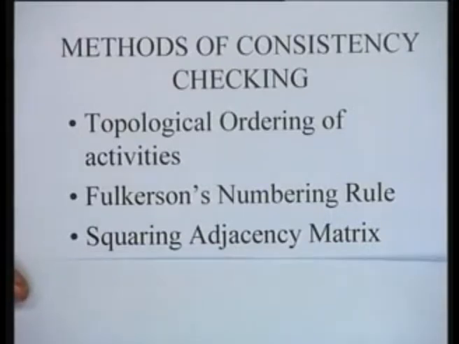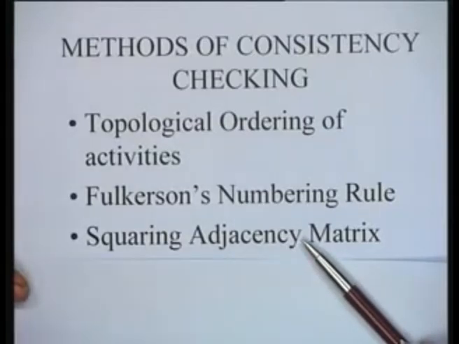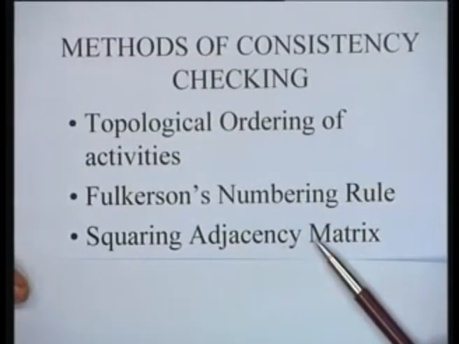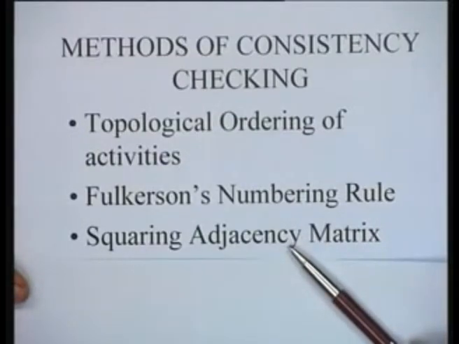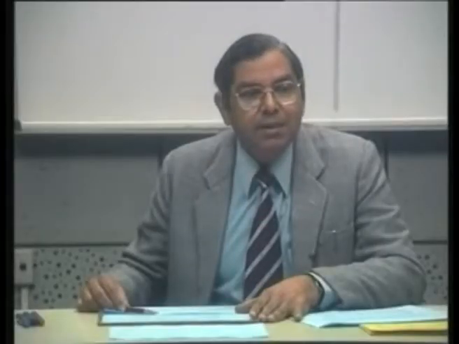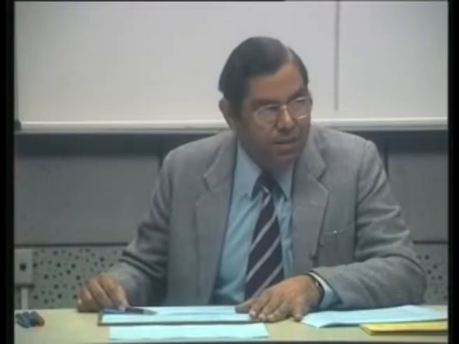The third procedure which we are going to be talking about today is the procedure of squaring the adjacency matrix. The adjacency matrix for a project is a matrix representation of the project. Rather than representing the project as a network, it can also be represented as various matrices.